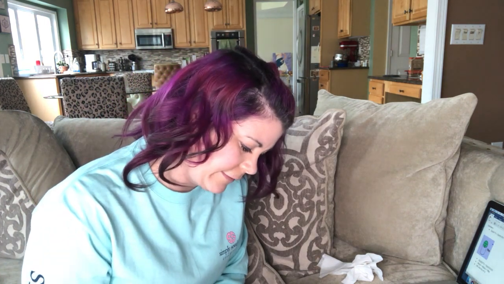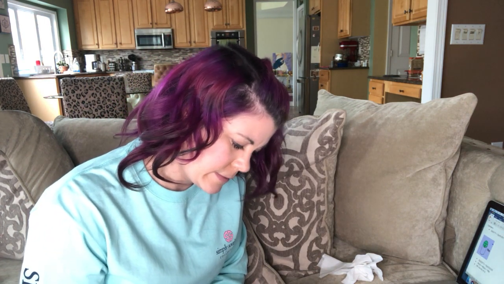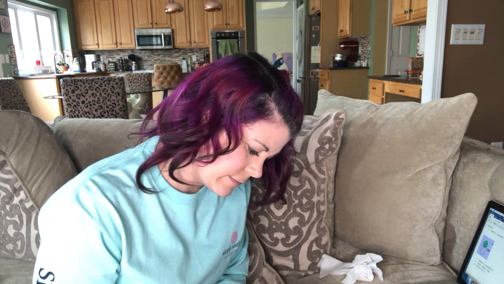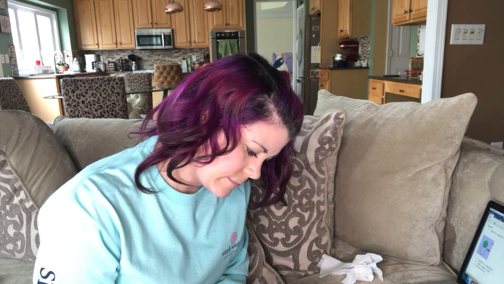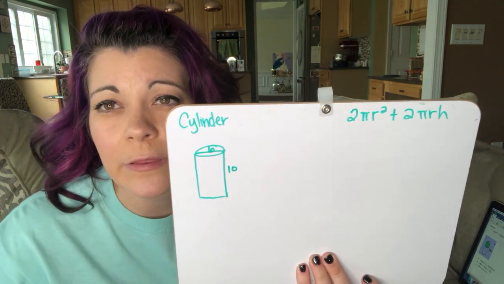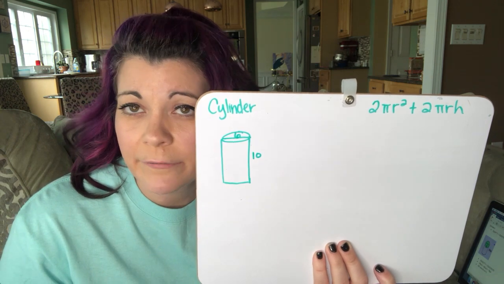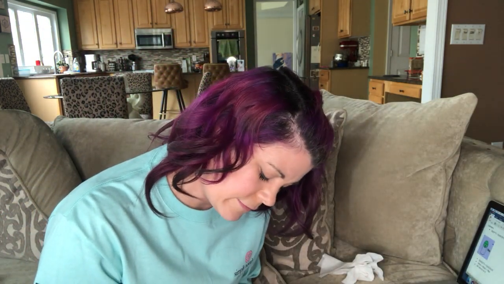So let me draw my cylinder here. These are a little easier to draw than everything else. So we have my cylinder and we see that the diameter is 6 and the height is 10. So we're just gonna plug in everything that we know. So 2 pi, and then it says r squared.